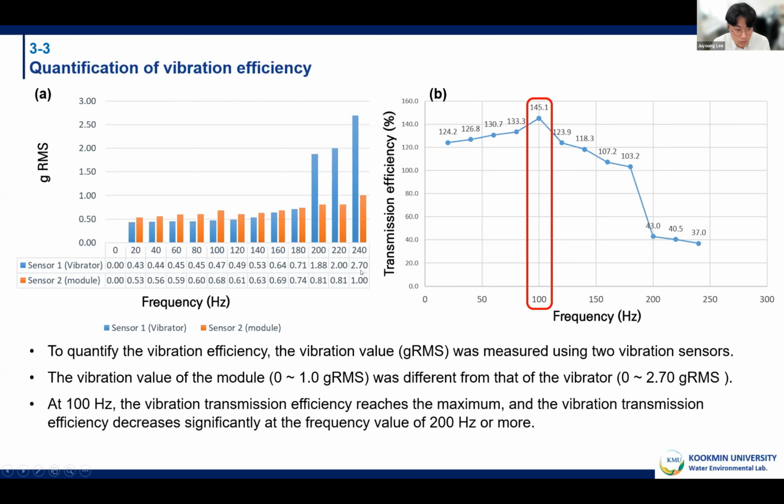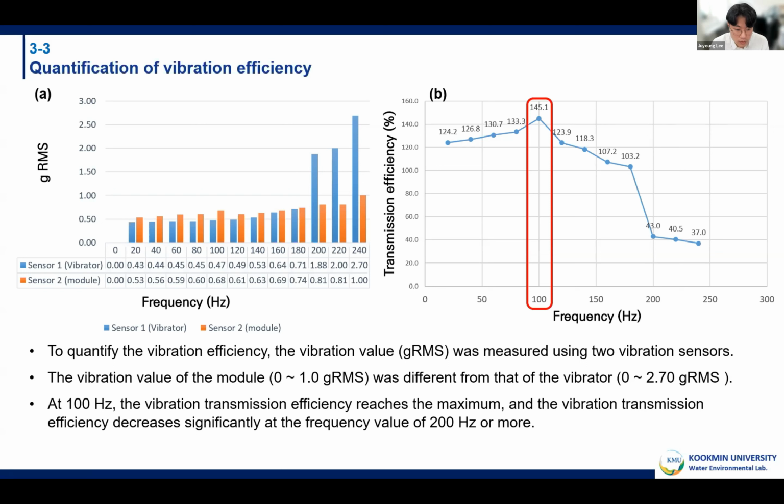On the other hand, the vibration value of the module was different from that of the vibrator, ranging from 0 to 1.0 GRMS. When the frequency is higher than 200 Hz, the difference in the vibration value between the vibrator and the module increases, suggesting that the vibration energy is not efficiently transferred from the vibrator to the module.